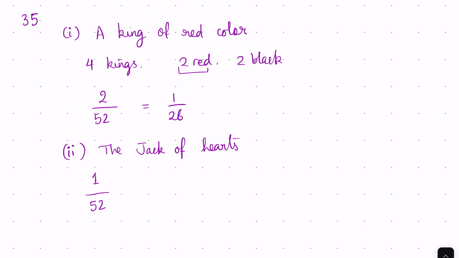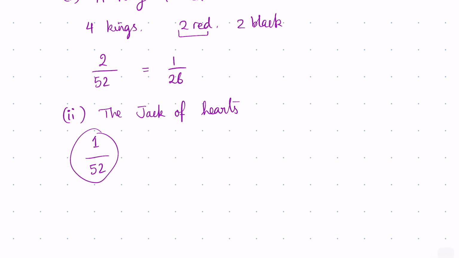So that's your answer, 1 by 52, right? There are 4 jacks, belonging to each of the 4 suits. So a jack of hearts is just 1 by 52.